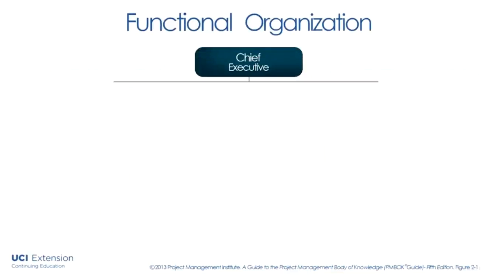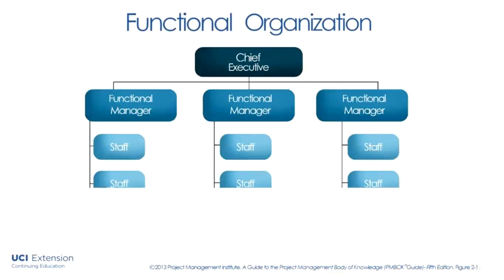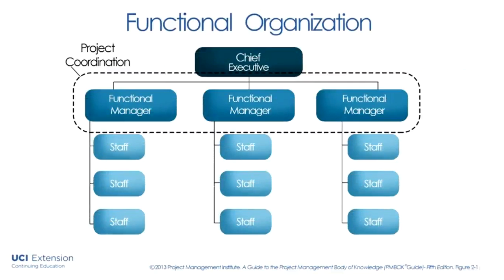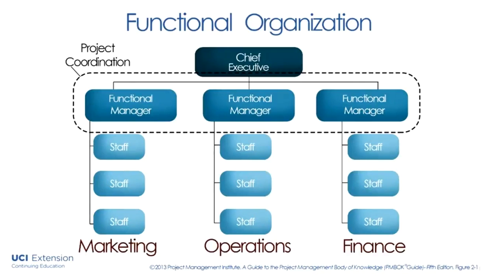In a functional organization, there is little to no project management. You might not be involved as a project manager. Sometimes there can be some project coordination involved, and that coordination takes place between the functional departments. Now, by functional, I mean groups such as marketing, operations, finance, information technology. Each manager of each group oversees their part of the project.